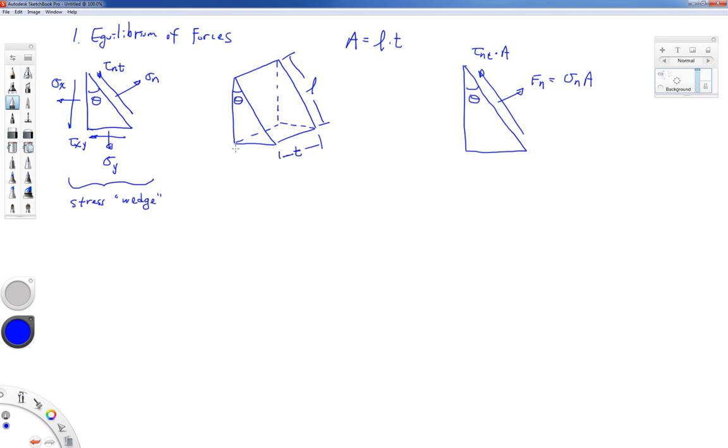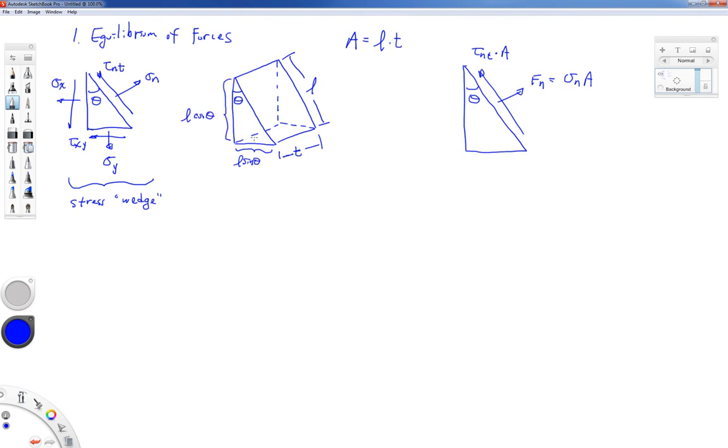Now, if we know the slant length L and the angle theta, this dimension is going to be L times the sine of theta, and this dimension is going to be L times the cosine of theta.